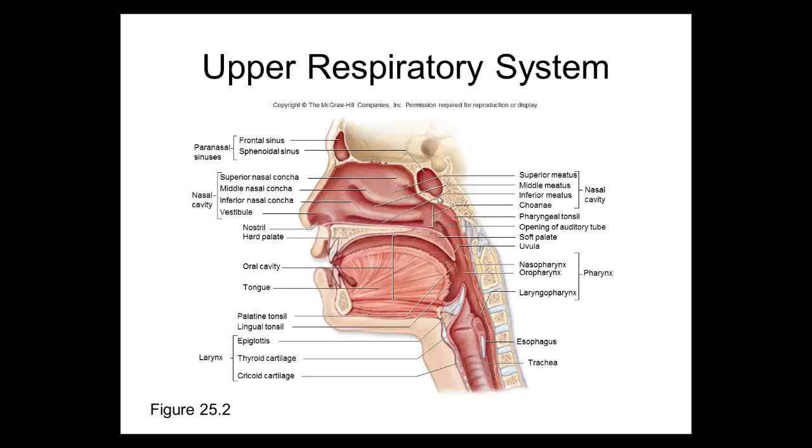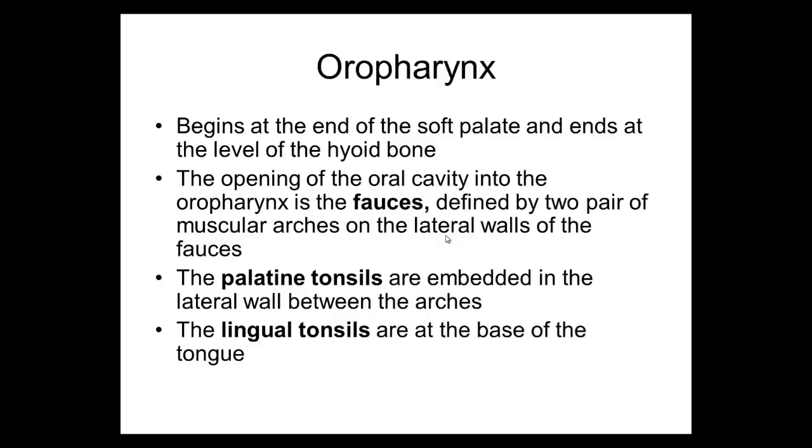So here we go. Here is the adenoid here. That's the pharyngeal tonsil. And this part here will be your nasopharynx. Okay? Alright, so the important aspect of the nasopharynx is that's the place where the Eustachian tube opens, obviously.